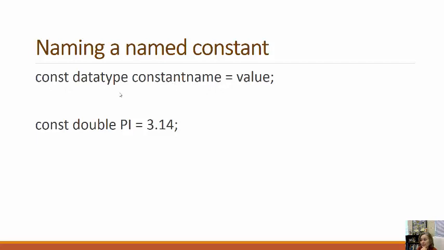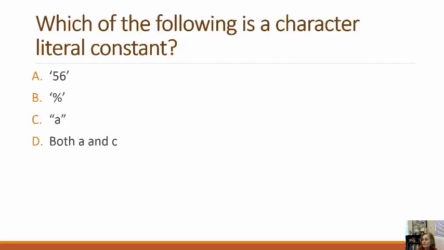A constant has to have an initial value. It has to have a value that never changes during runtime, so keep that in mind. Remember, it starts with const, the data type, and then in all capital letters, the name of the constant.